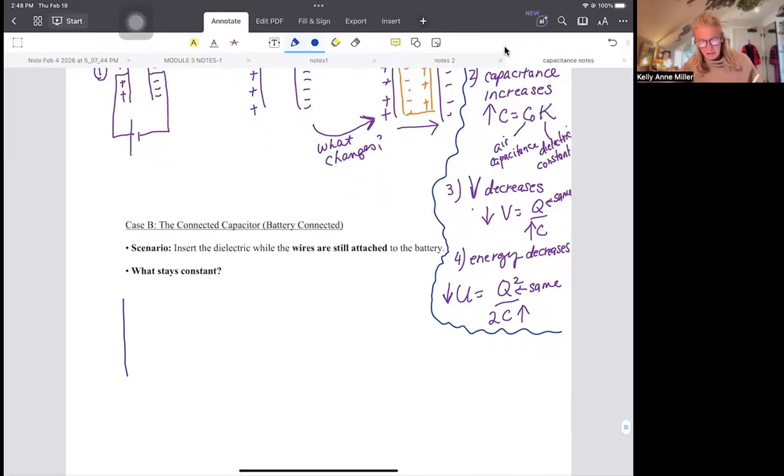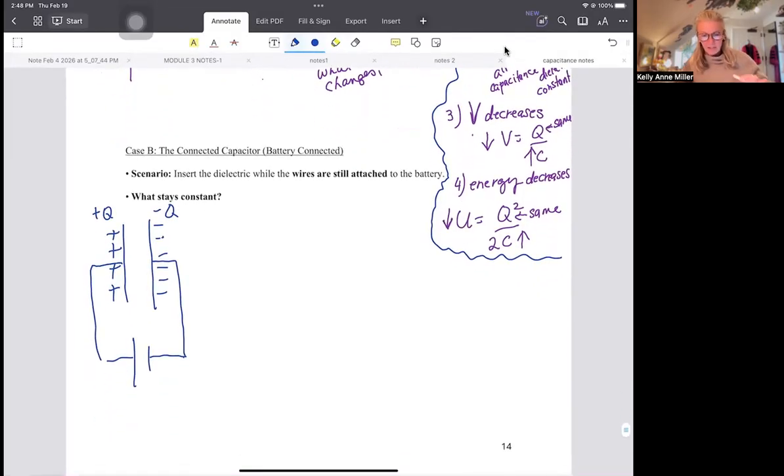So I've got my capacitor. How did it get charged? It got charged with the battery. So the battery charged it up, and I've got positive Q on one plate and negative Q on the other plate.